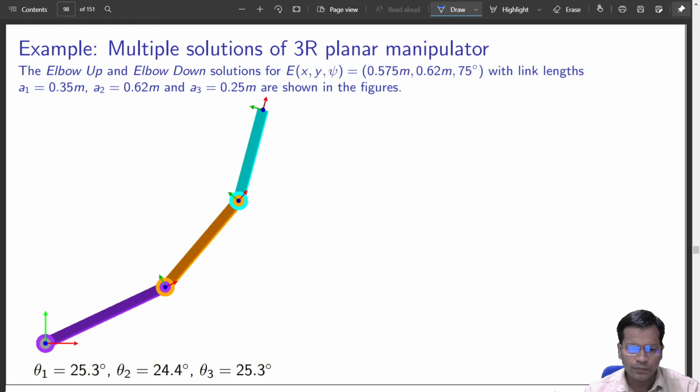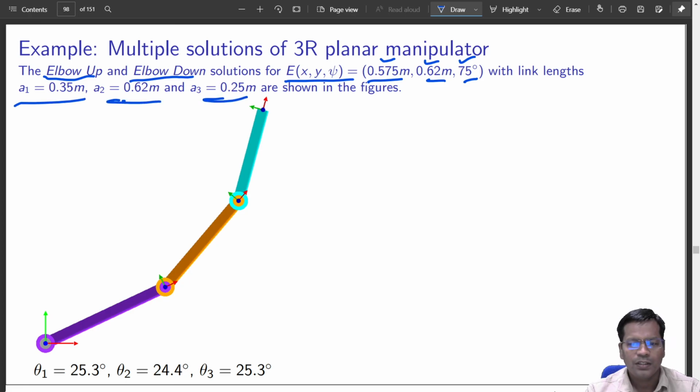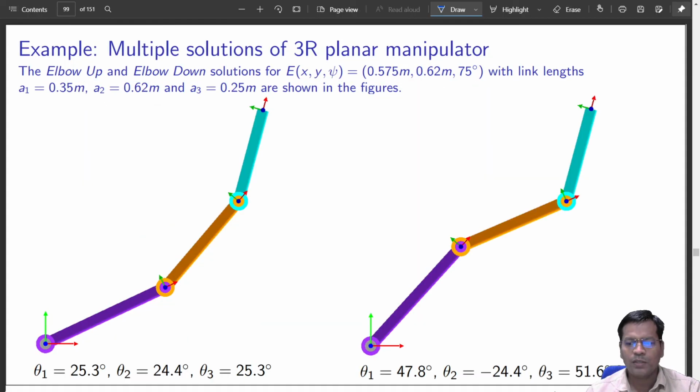The one more thing I'll just demonstrate is how it will physically look. So one of the solutions, the elbow up and elbow down solution, for this link. So if this is the case, this is x, y and psi. These are the angles for the given link lengths, this and this and this. This is one of the solutions. Another solution means this.